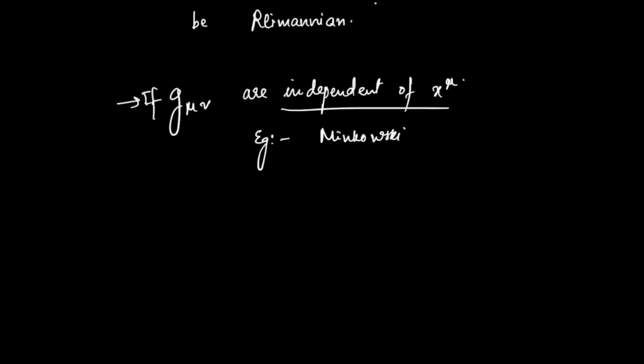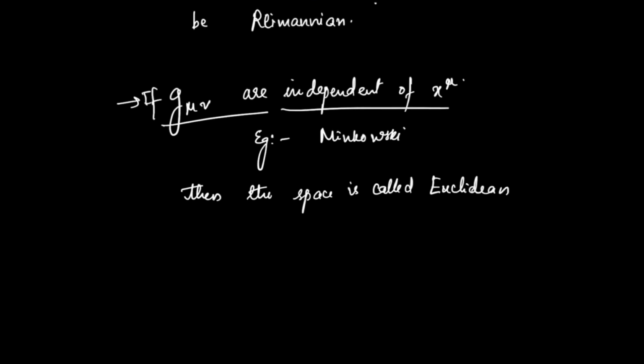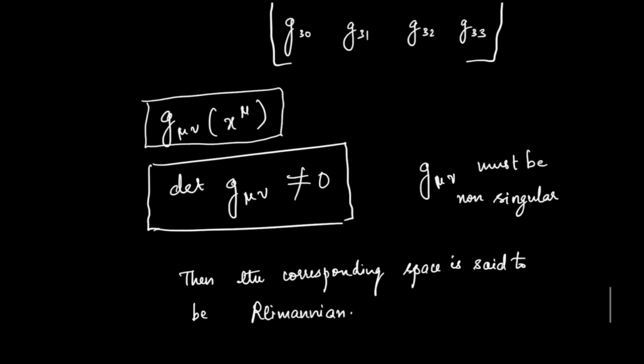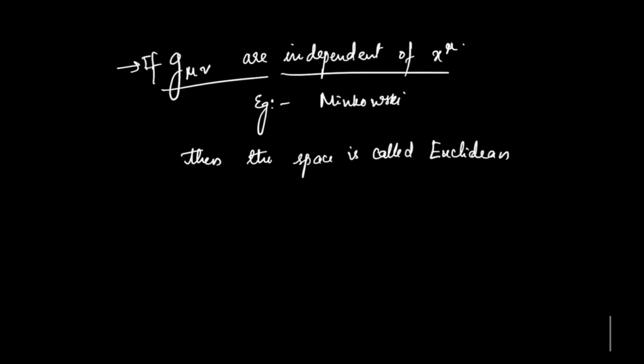So that is independent of x mu. It's not a function of x mu, it's just a constant. Then the space is called Euclidean. If g mu nu is a function of x mu, then it is a Riemannian space, and if g mu nu are independent of x mu, then the space is called Euclidean.